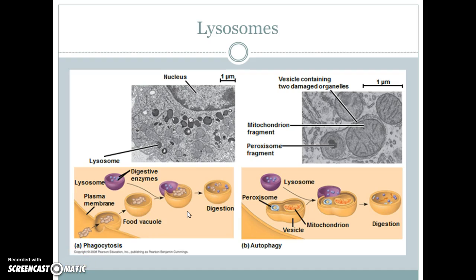Once again, form meeting function. Start thinking about how these tiny lysosomes, double membranous capsules, and the enzymes inside, how does the form and shape of the lysosome fit the function of what it does? Once again, start thinking about those things.